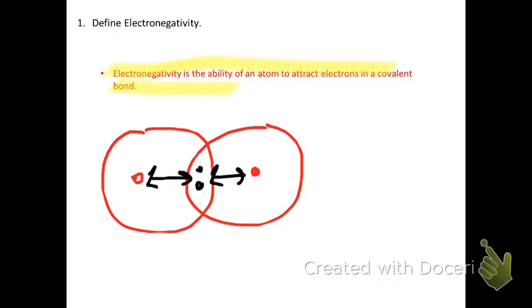So electronegativity is going to be the measured attraction of these bonding electrons between the nuclei. Now, both of these atoms, if they're the same atoms, are going to have the same attraction for those bonding electrons. But if they're different atoms, then one atom is going to have a stronger attraction for those electrons than the other. And that's where electronegativity values come into place.